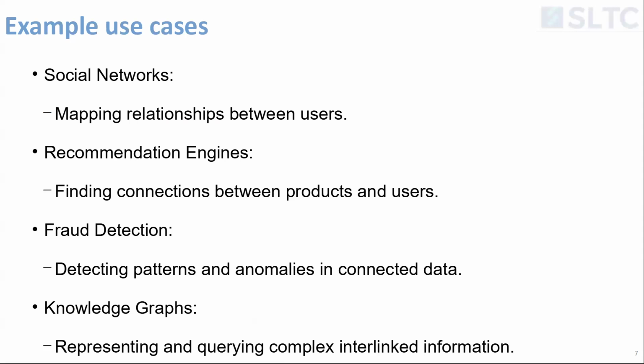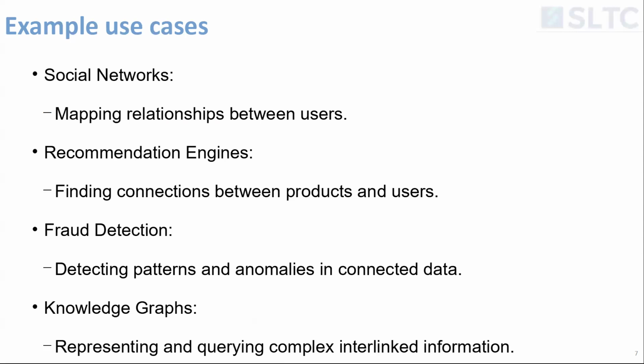And another very interesting area is recommendation engines, finding connections between products and users. As a very simple example, let's say I go to an e-commerce site and I'm buying something. When I add that to my cart, it'll also say at the bottom, people who bought this product also bought that product.